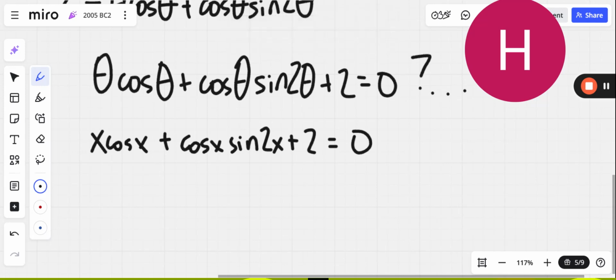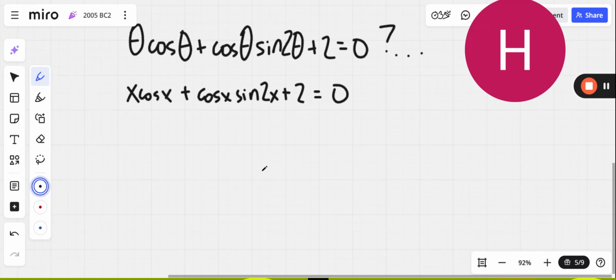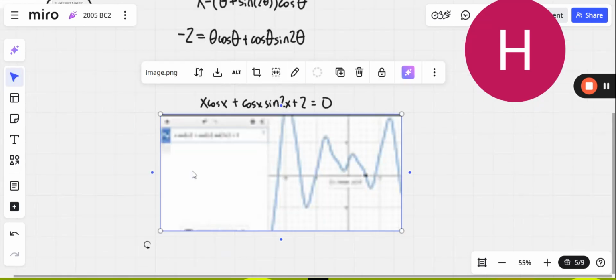We're going to graph x cosine x plus cosine x sine of 2x, and then plus 2. And we get this kind of crazy looking graph. I encourage you to check this out if you haven't already graphed it when you were trying to do this problem. That's what the graph looks like.